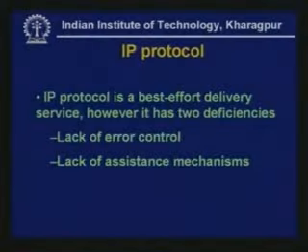So that is a lacuna. And secondly, you may want to control the network for some reason. For example, maybe the network is getting congested. So you want to do something about it, you want to tell others something about it, but IP does not have the mechanism. So for all this purpose, ICMP was brought in.